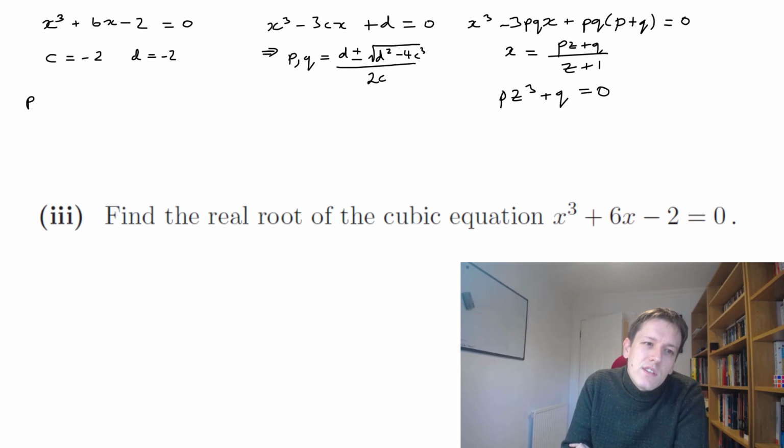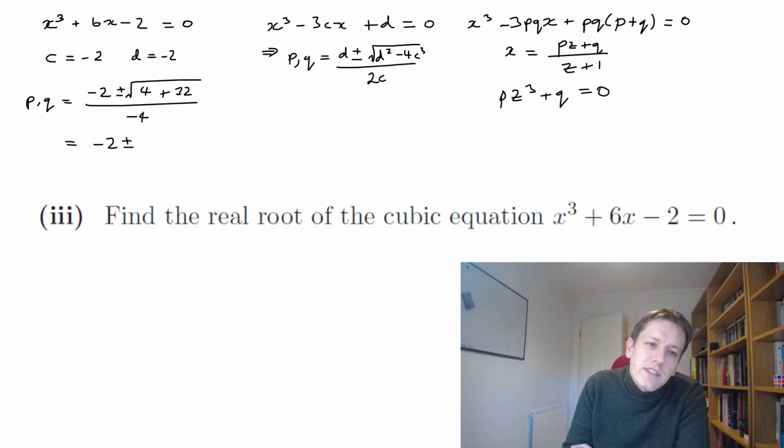So that gives us, in this formula for p and q, minus 2 plus or minus the square root of 4 and then minus 4 times minus 8, so plus 32, all divided by minus 4. So that's minus 2 plus or minus root 36, which is just 6, all over 4. And that gives us minus 8 over minus 4, which is 2, or 4 over minus 4, which is minus 1.